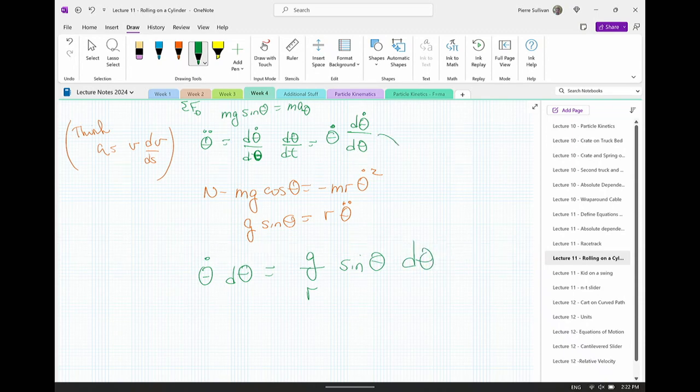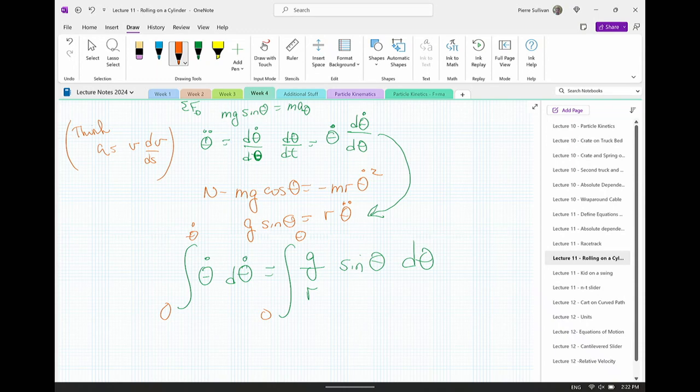So I'm just substituting into this, splitting it up, and integrating on theta dot, from 0 to theta. My limits on the integral are unknown, but I have theta dot, I have theta.